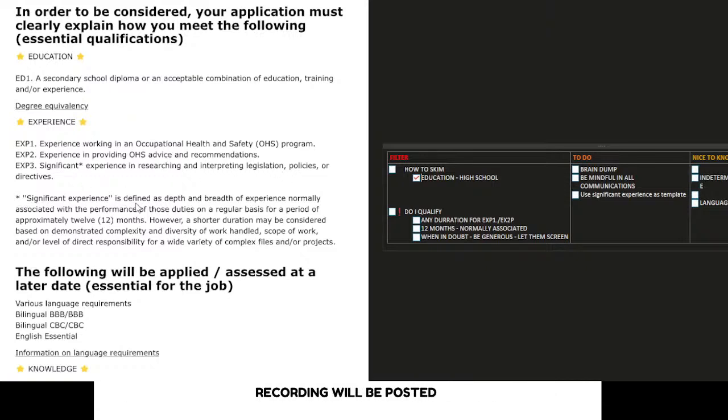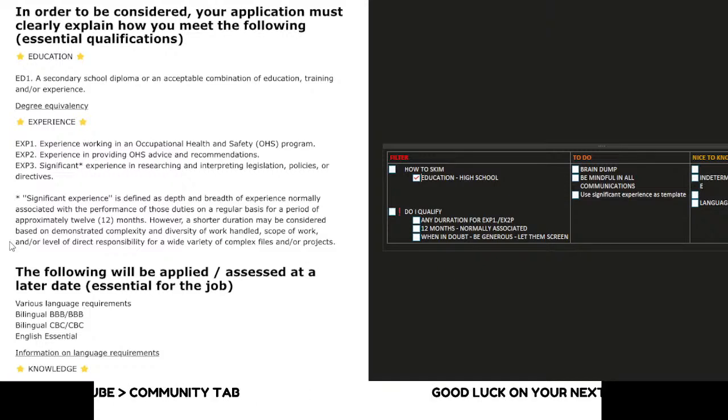Significant experience is defined as depth and breadth of experience normally associated with the performance of those duties on a regular basis for a period of approximately 12 months. However, a shorter duration may be considered based on demonstrated complexity and diversity of work handled, scope of work, and/or level of direct responsibility for a wide variety of complex files or projects. Okay.